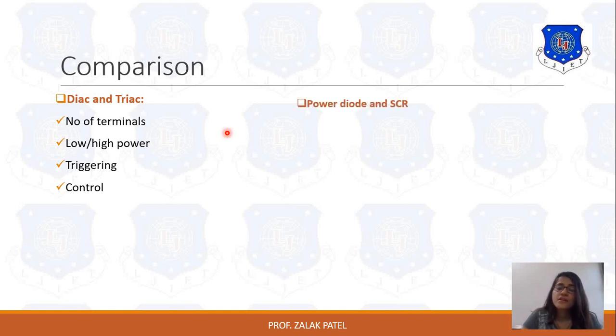Next comparison is power diode and SCR. In the first lecture we discussed the power diode, so let's see the difference between that power diode and silicon controlled rectifier. First difference is the number of terminals. A power diode looks like a normal PN junction diode, so it has two terminals, while SCR has three terminals: anode, cathode and gate terminal as a control terminal.